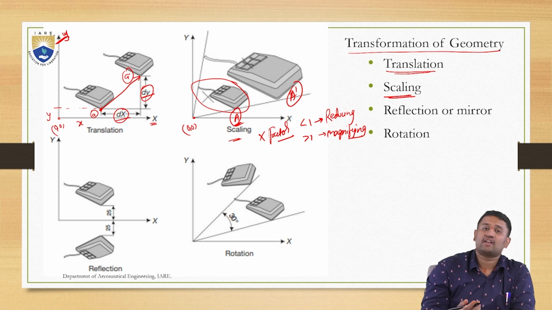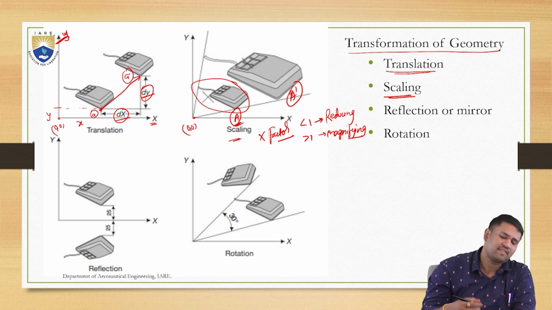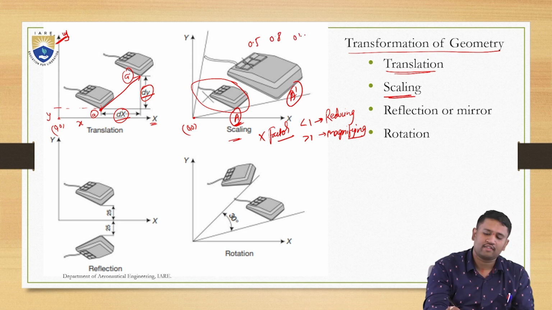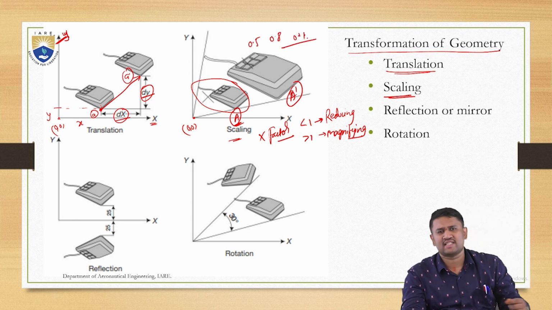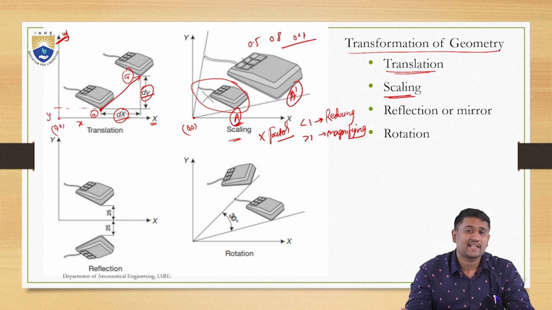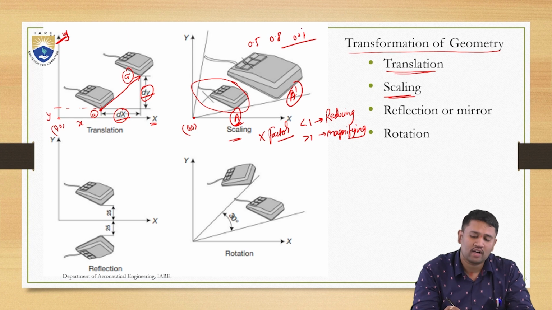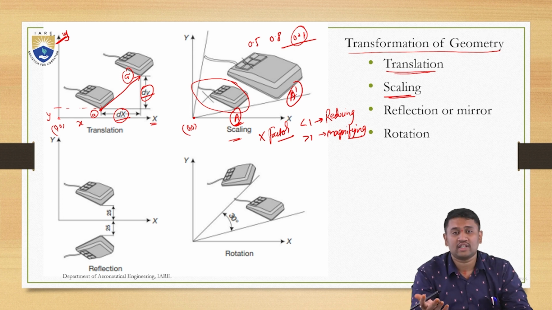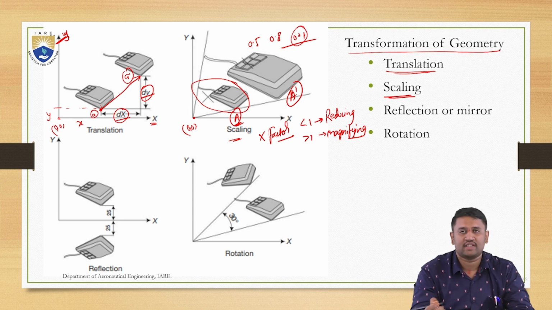If you are multiplying a factor which is less than 1, for example 0.5, 0.8, 0.1, anything less than 1, then the object gets reduced by that factor, if you are considering 0.1, for every dimension or every face shown in the original figure.